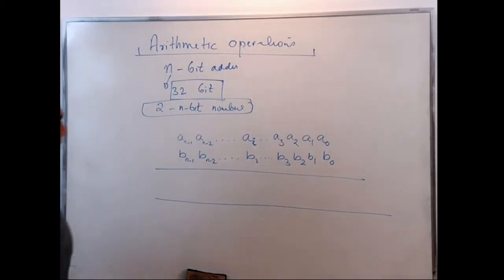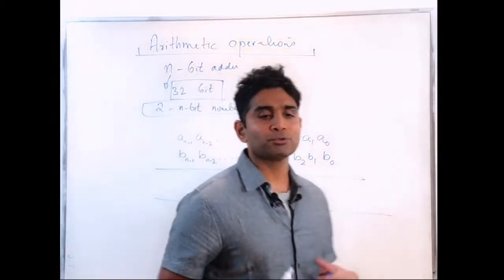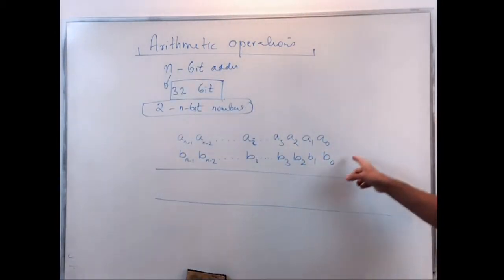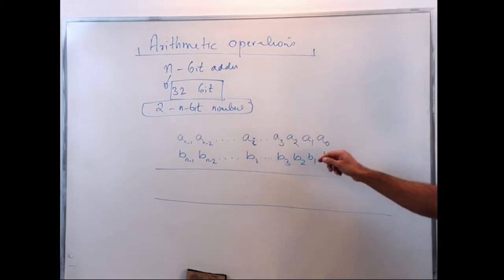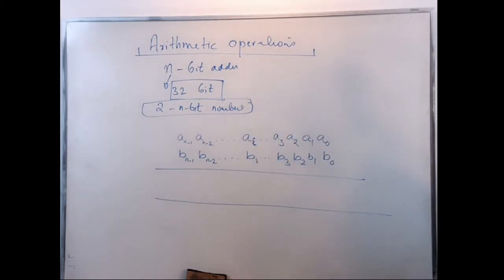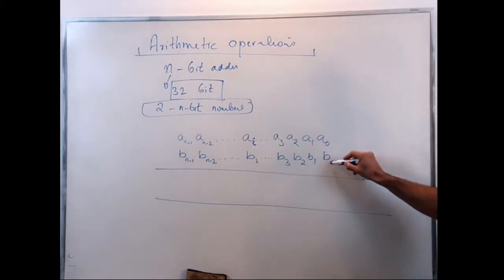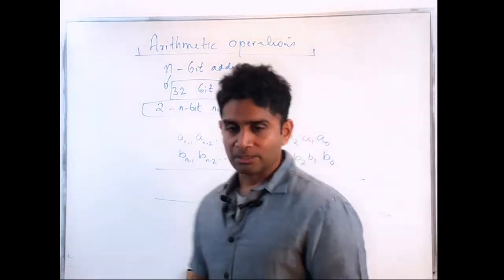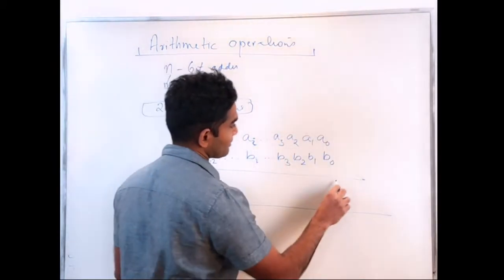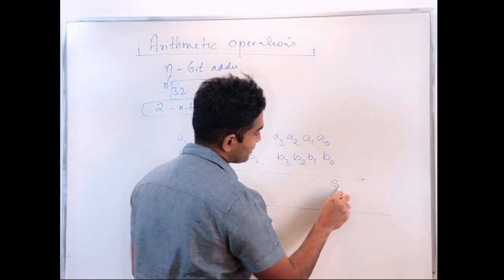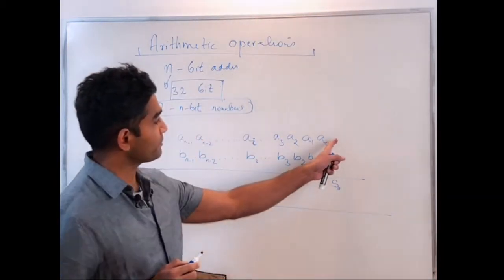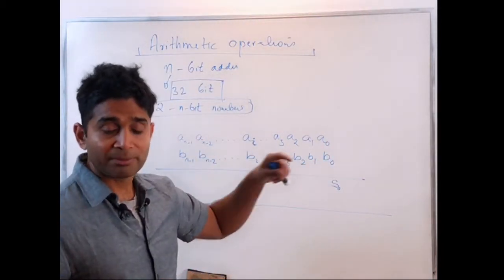Again, how did you do the addition operation? You start with the rightmost bit, and then you go towards the left. So you add these two bits together first. You get the sum. Let's say the sum is S0. You may get a carry out, right? Because if A0 and B0 are both ones, I may have a carry out.